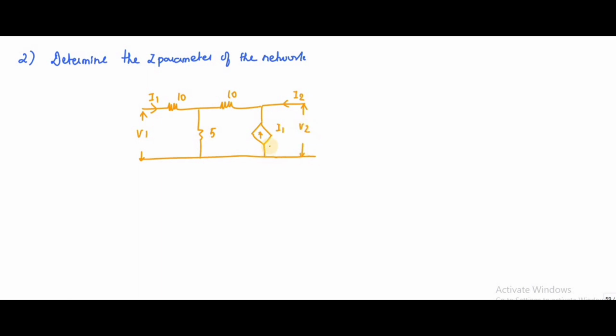If I want to find the value of Z11, what is Z11? Z11 is equal to V1 by I1 for I2 is equal to 0. Next, in order to find the value of Z21, Z21 is equal to V2 by I1 for I2 is equal to 0.